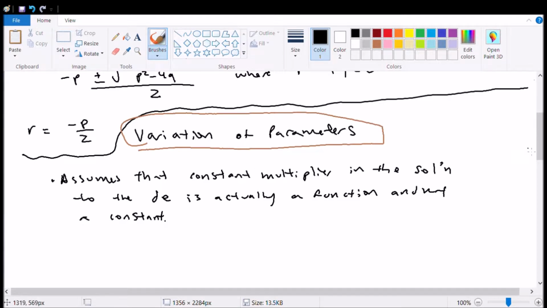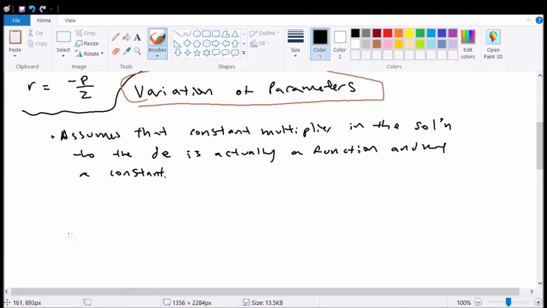So I'm going to demonstrate this with what we have here. Okay, so instead of guessing that y equals e to the rt, we're going to guess that y equals some v of t times e to the rt. So we're going to replace the constant in front with a function.